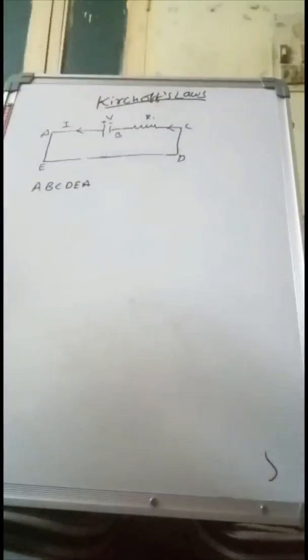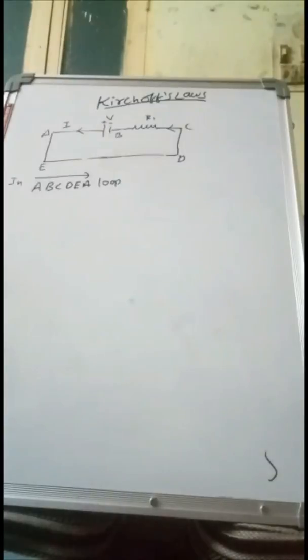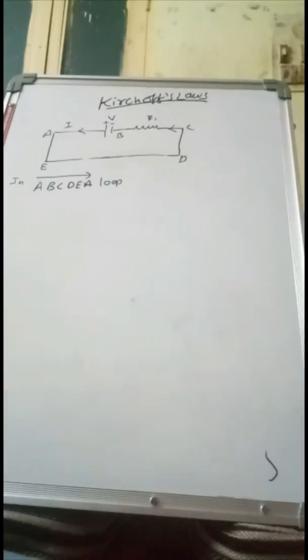Now here there is another direction of current like this. In this loop, the loop direction is like this: A to B, B to C, C to D, D to E, and E to A.